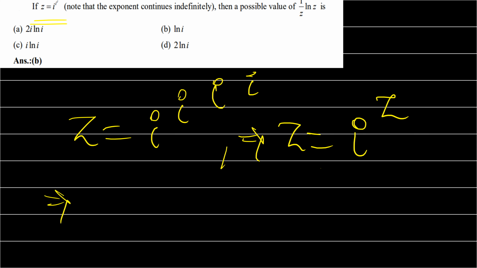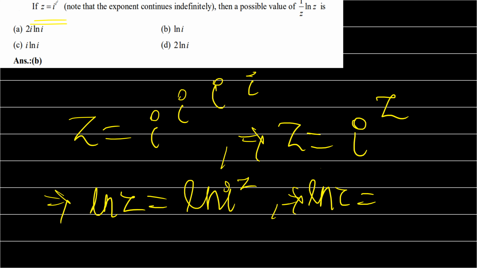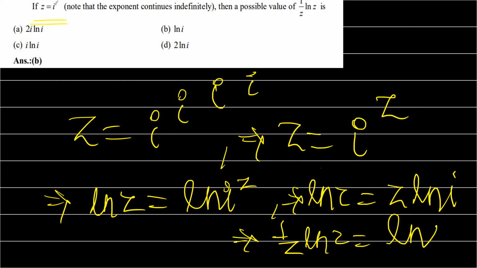Now taking ln on both sides, ln z equal to ln of i to the power z. This implies ln z equal to z ln i. So 1 by z ln z will be equal to ln i. So we see this is basically the answer. So the answer will be B, ln i.